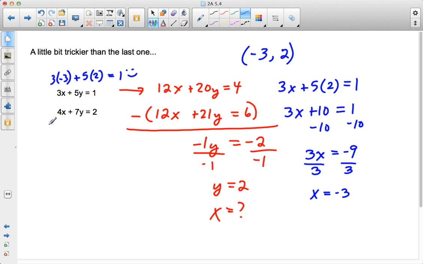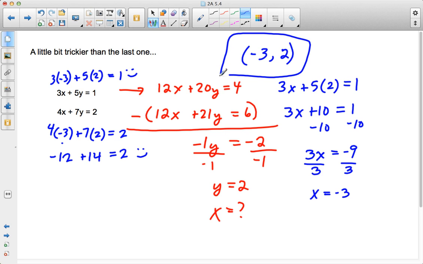Now I have 4 times negative 3 plus 7 times 2 equals 2. Is that true? Negative 12 plus 14 equals 2. That is also true. I know my answer is correct.